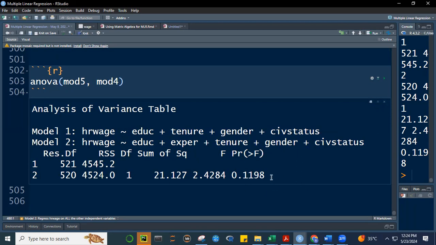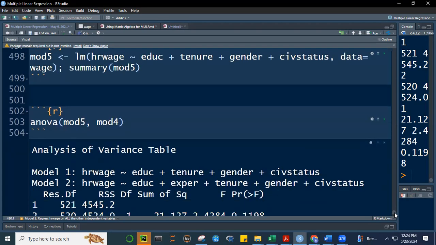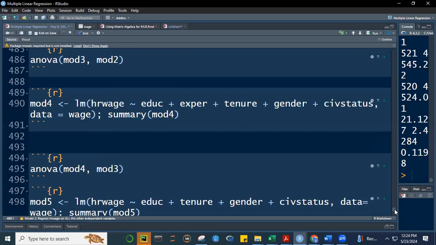There's strong statistical reason to believe that it's possible for experience to be 0. Therefore, we do not include that in the model. Therefore, model number 5 prevails. This is model number 5: hourly wage, education, tenure, gender, and civil status. Okay, so far, are we clear, class?